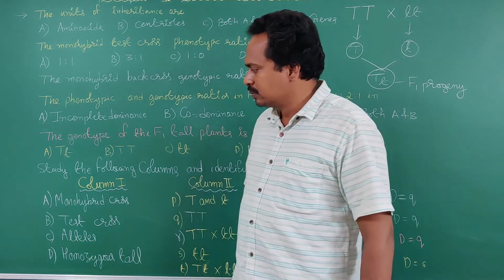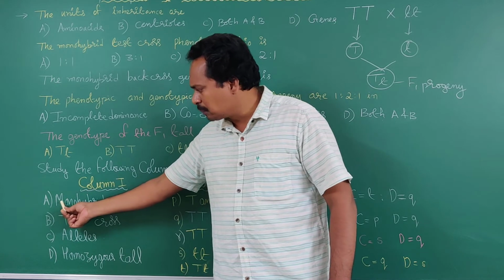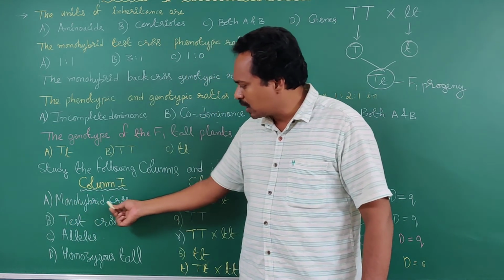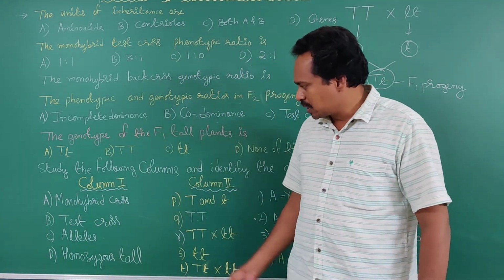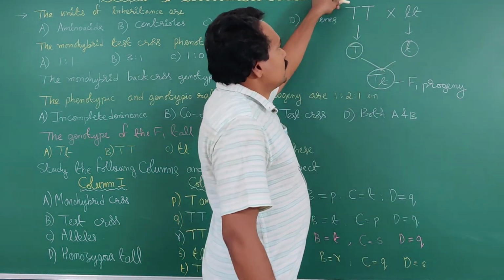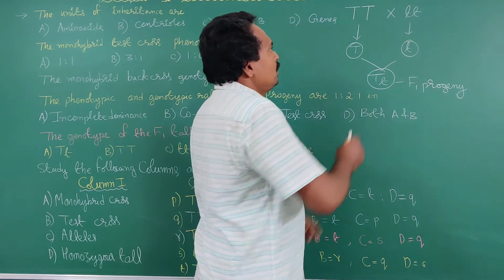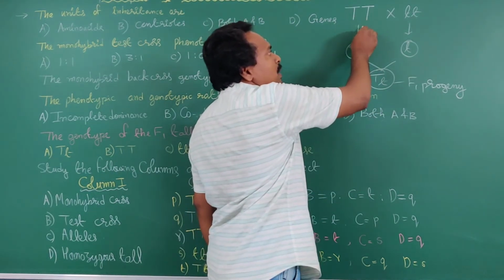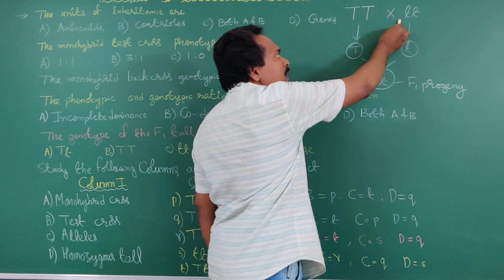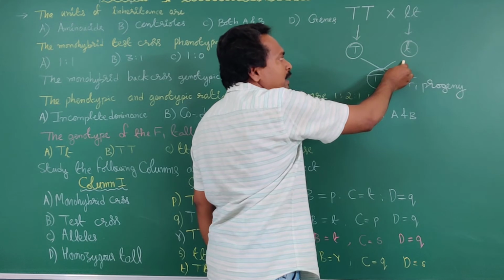Monohybrid cross. What is the first option? Here A in column 1 is monohybrid cross. Monohybrid cross means a homozygous tall pea plant crossed with a dwarf homozygous pea plant.